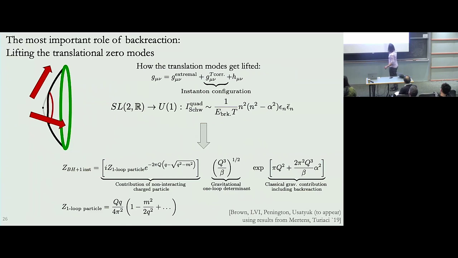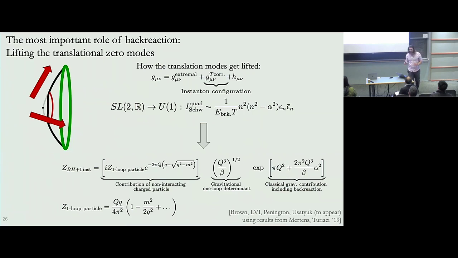That's because we've already included those fluctuations in fluctuations of the metric. They're the modes epsilon 1 and epsilon minus 1. And they produce a gravitational one-loop determinant, which now no longer has a power of 1 over beta to the 3/2. It has a power of 1 over beta to the 1/2. That's because the SL2R isometry got broken to U1. And this is the new classical gravitational contribution of the action when including back reaction.